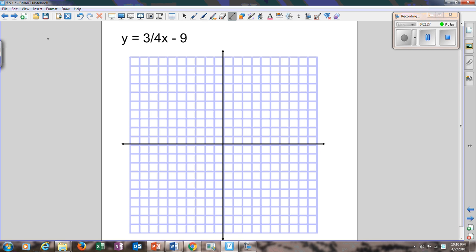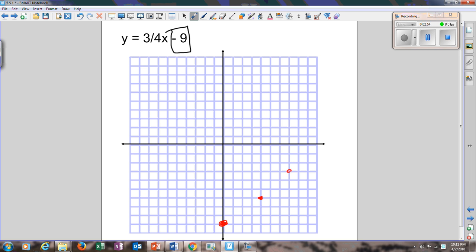Okay, since we all struggled with this so much, I want you to practice doing another line. So pause the video and practice this line. Once again, you start at the y-intercept, which is going to be a -9. Then you follow the slope. You go up 3, 1, 2, 3, and over 4.